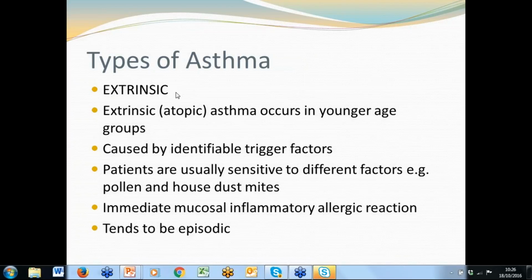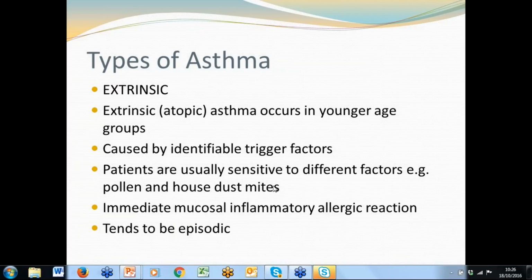Extrinsic means affected by the environment. Usually you can get an identifiable trigger, and you'll find those with children and also people who've got asthma. We'll go through a series of tests to see if it's an allergy-related thing, very close to allergies and eczema. People can be sensitive to different factors, but pollen and house dust mites are those kind of things.